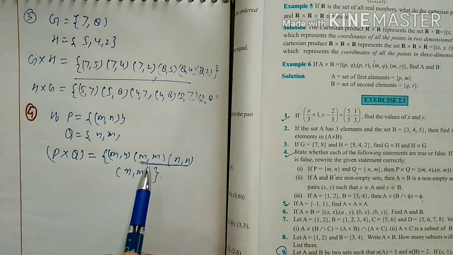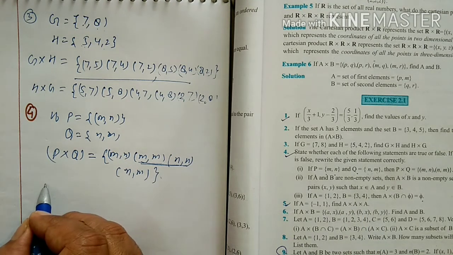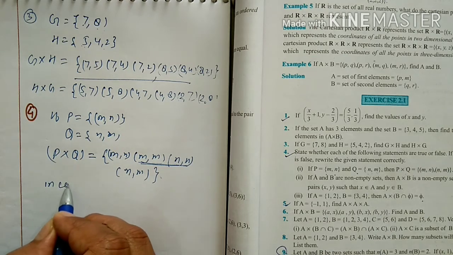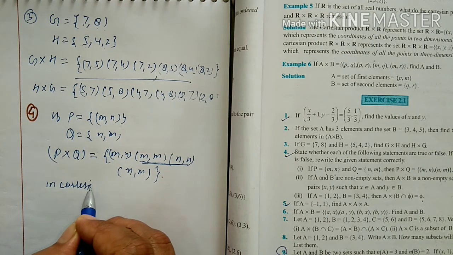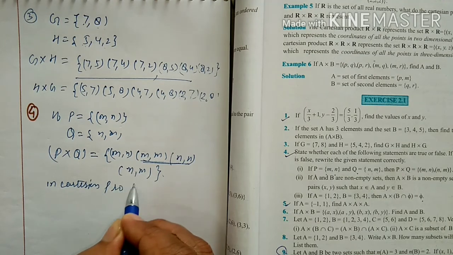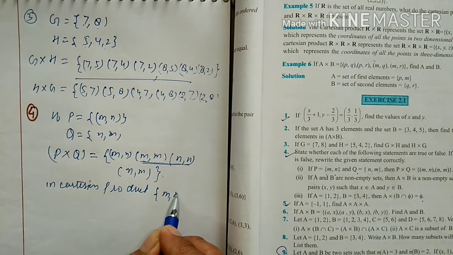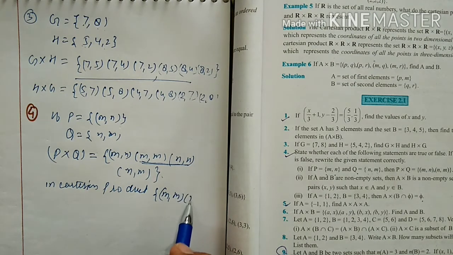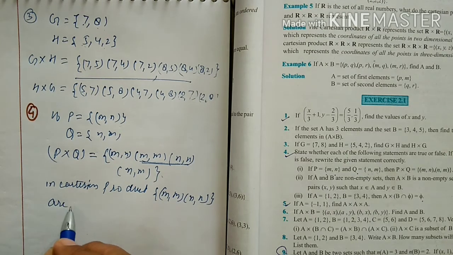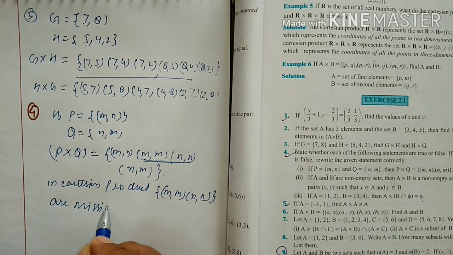The correction is that in the Cartesian product, (m, m) and (n, n) are missing. Clear? Okay.